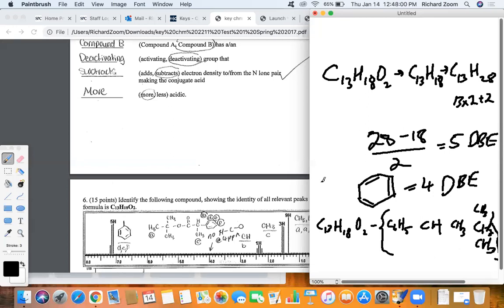So if you've got 6, 7, 8, 9, 10, 11, then we've got 2 C's left over. And the hydrogens will always work out because you see all the hydrogens. So we've got 2 oxygens left as well, as 1 double bond, because the C6H5 makes up 4 double bond equivalents.